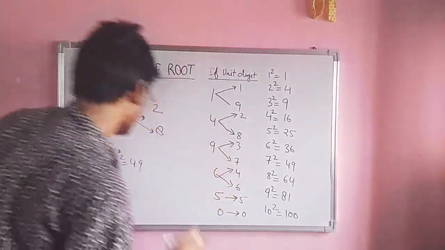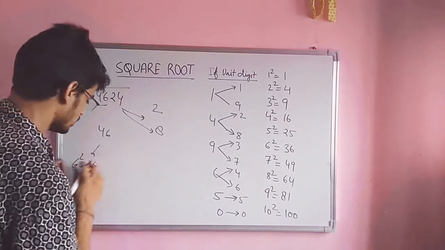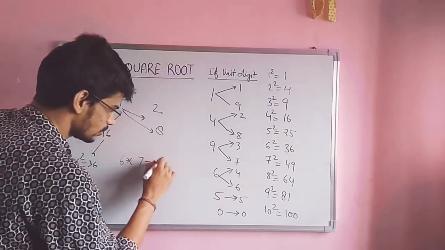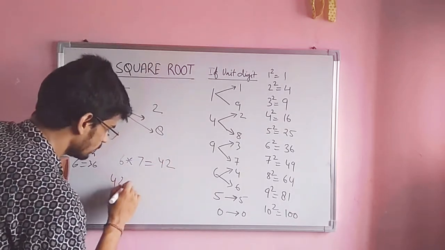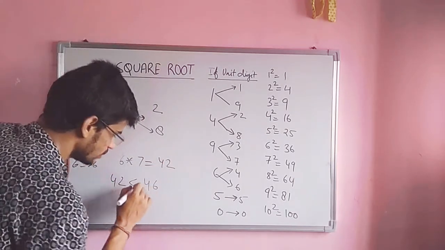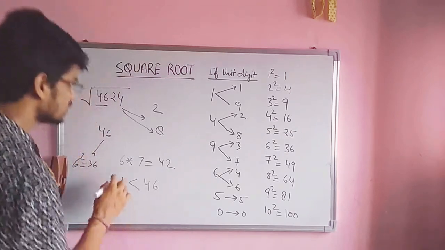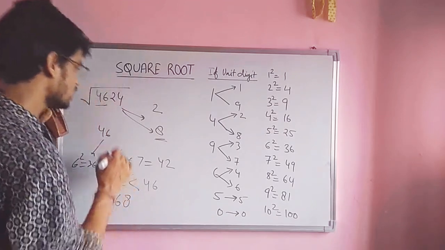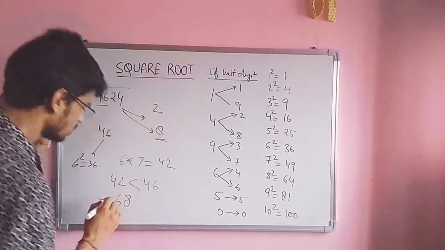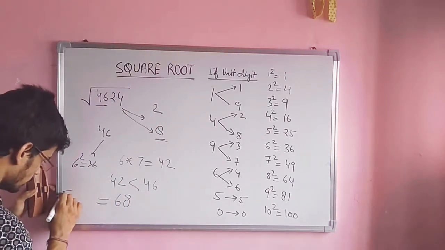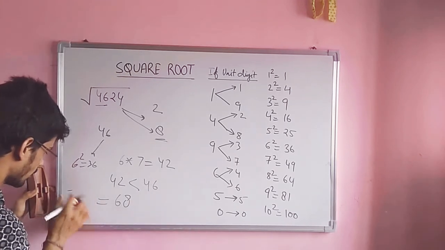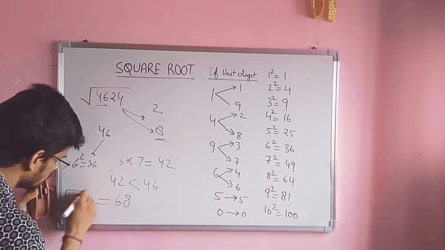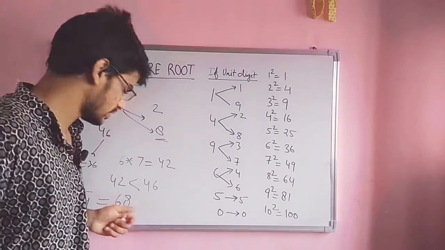Then we leave this and consider 6 multiplied by its successor, which is 42. Now compare 42 and 46. 42 is less than 46. Here 6, and now consider the greater value, 8. So 68 is the square root of 4624.